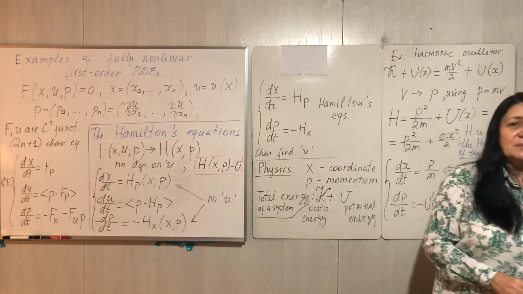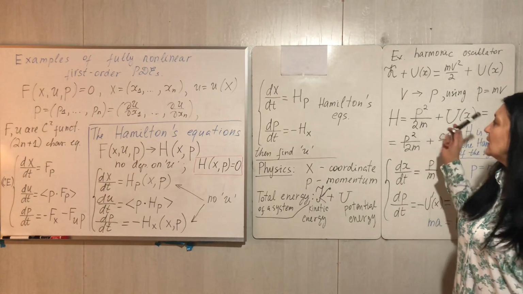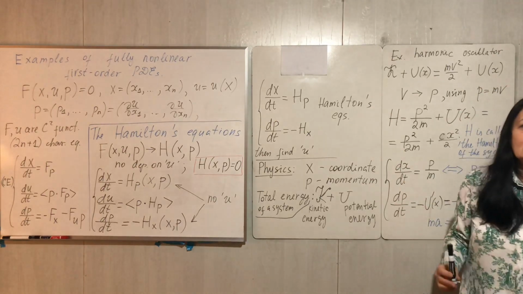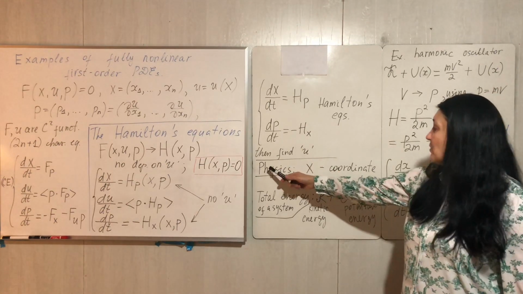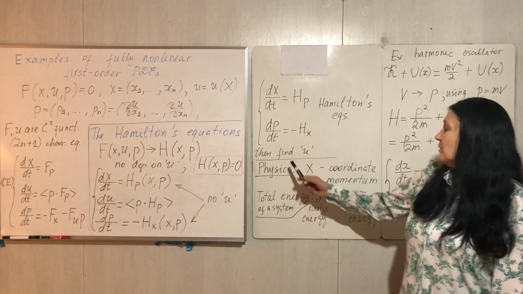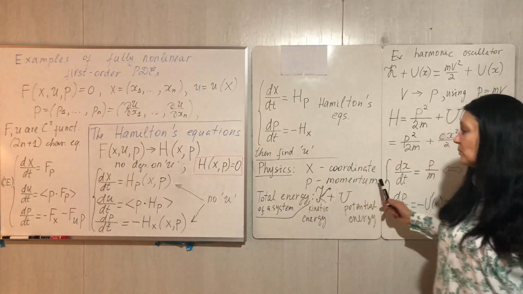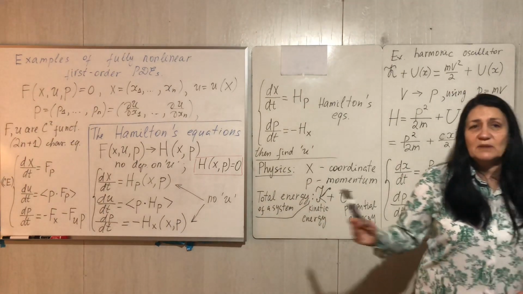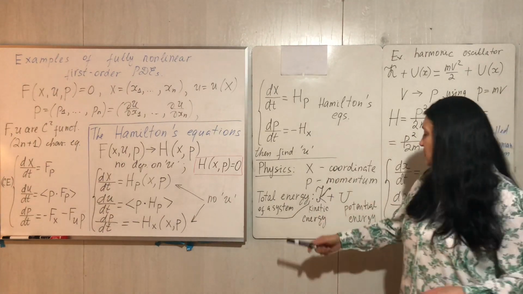And this system is coming from physics, and it's used, for instance, in classical mechanics, and not only in classical mechanics. So then we can think of a simple example. In physics, x usually stands for coordinates, p stands for momentum. So if we're thinking about a system, it could be classical mechanics, quantum mechanics, generally we can think about total energy.